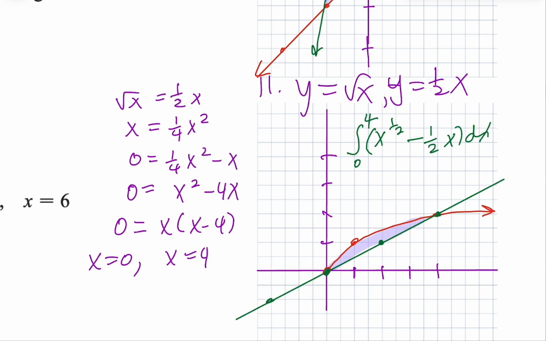Okay, so now if you do the antiderivative, x to the 1/2, if you add 1, is going to become 3/2. And so put that 2/3 out in front. And then this is going to become x squared divided by 2, which would make that 1/4 x squared.